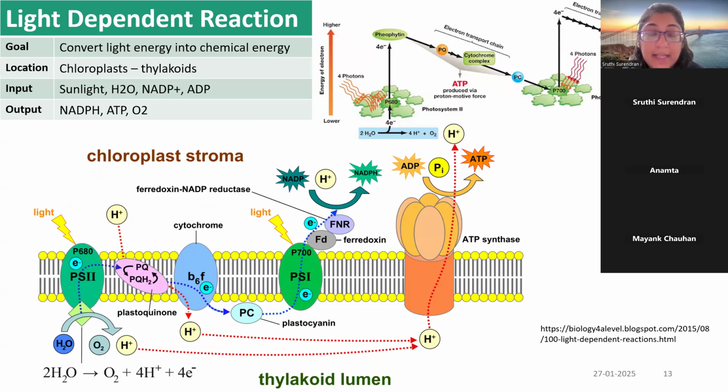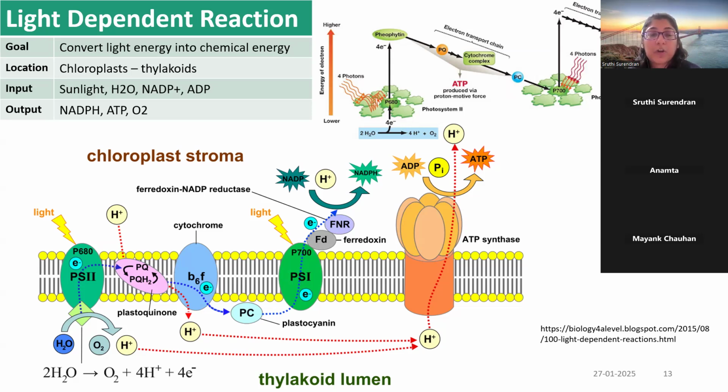These excited electrons are formed as a result of the splitting of the water molecule in the oxidative center of photosystem 2, and follow an electron transport chain from PS2 to photosystem 1, where one reaction happening is the reduction of NADP to NADPH.